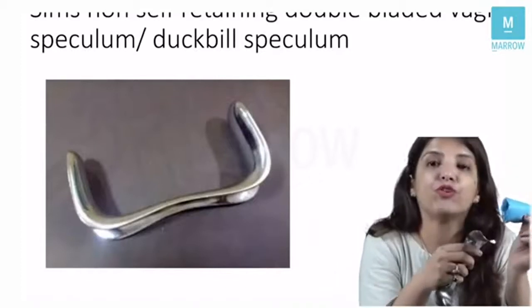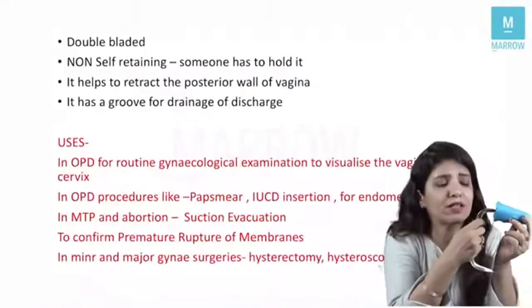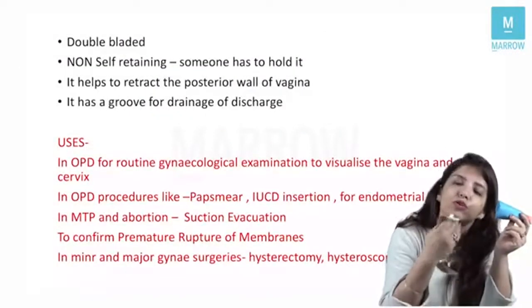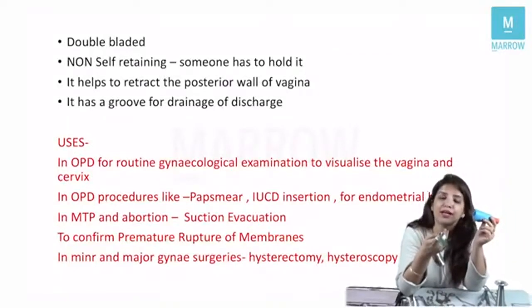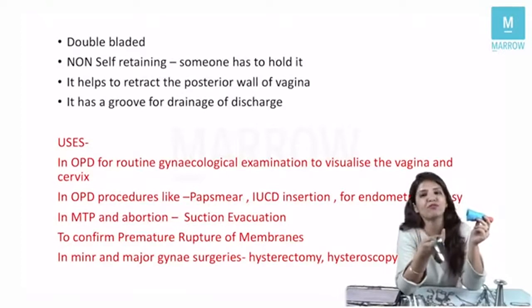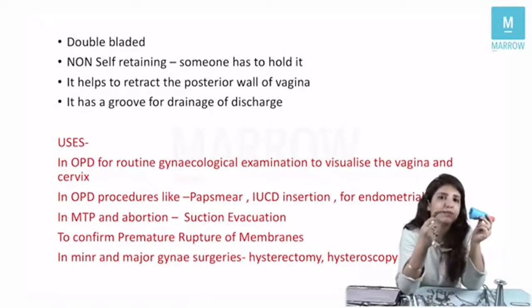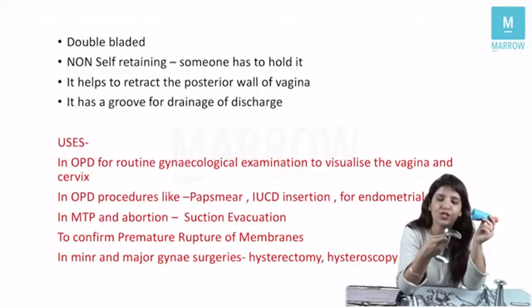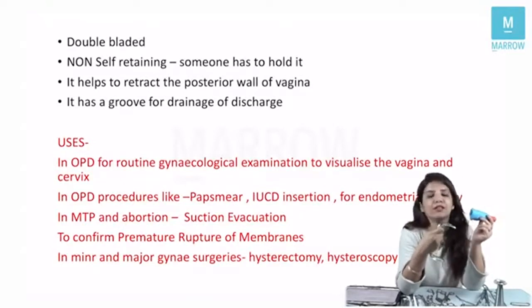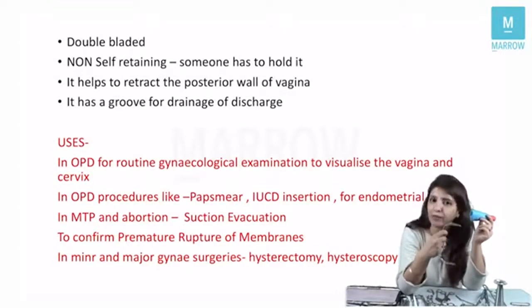Number two, if you are doing minor procedures, like inserting an IUCD, or removing an IUCD for that matter, collecting a pap smear, or doing an endometrial biopsy, in all these cases you will need a SIMS speculum. For minor gynae surgeries, vaginal surgeries, and major gynae vaginal surgeries, again you will need a SIMS speculum.